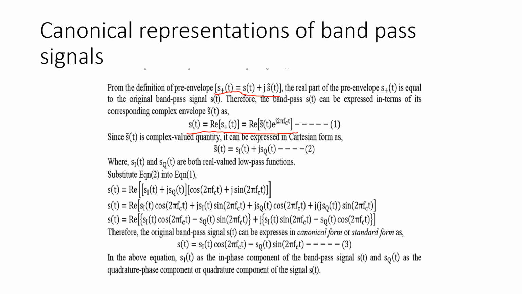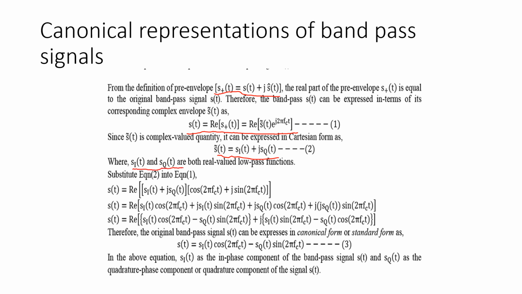So when you consider only the real part, it is S tilde of t times e to the power of j2 pi f ct. What is the complex envelope of S of t? That is S tilde of t is equal to Si of t plus j Sq of t, where Si of t and Sq of t are both real-valued low pass functions.